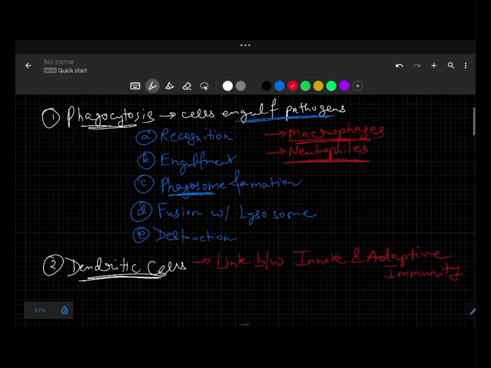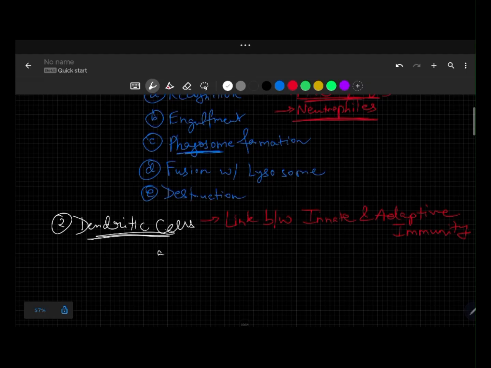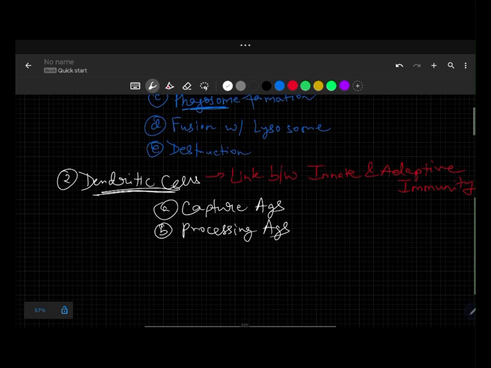Their functions include capturing of antigens, then processing of the captured antigens, and presenting those antigens to T cells.